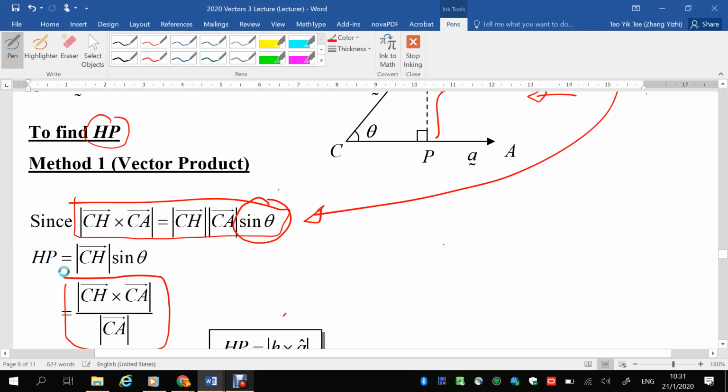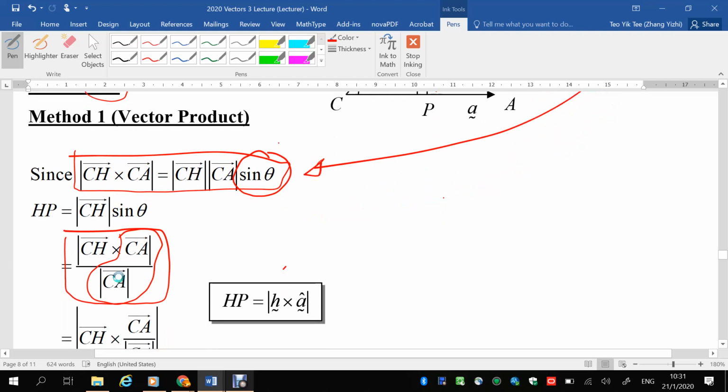Make sense? Okay? So now, focus on this. CA over CA, it's unit vector, right? So, HP will be H cross A hat. Okay, the length of HP is equals to H cross A hat. What I want you to do now is, can you flip back to your dot product on your projection?